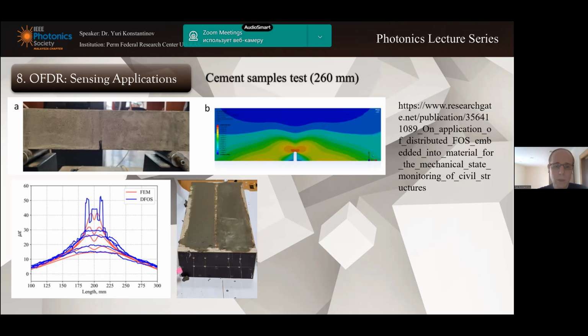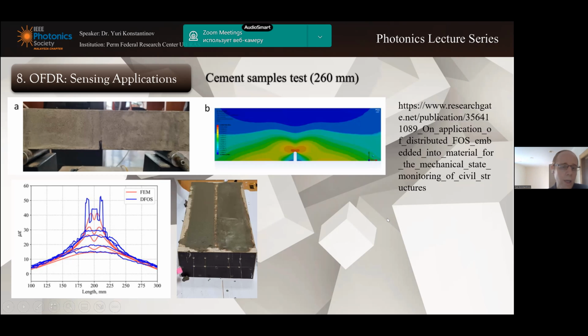They used the cement sample, and they integrated some different kinds of optical fibers within this sample of the cement. And after that, they provided the load, the tension of these samples. They provided the finite element simulation using ANSYS or some other simulation software. And they verified their simulation was successful.